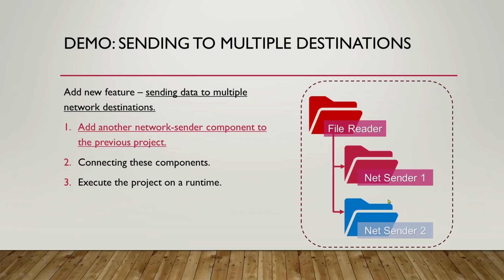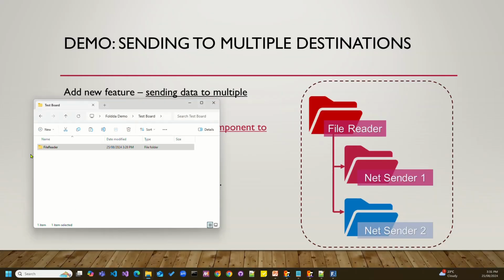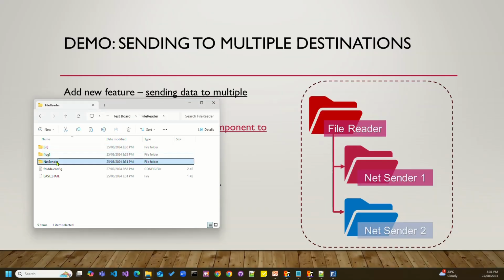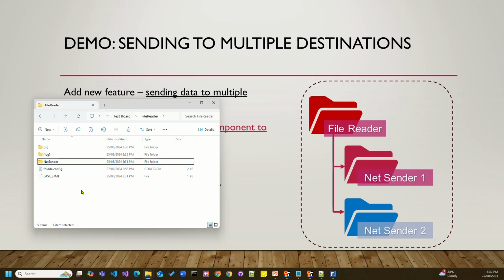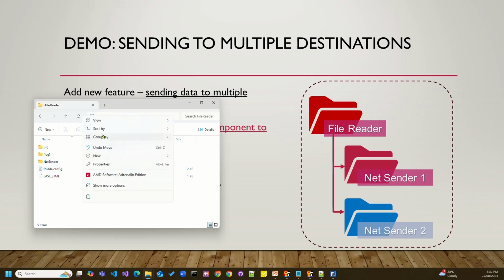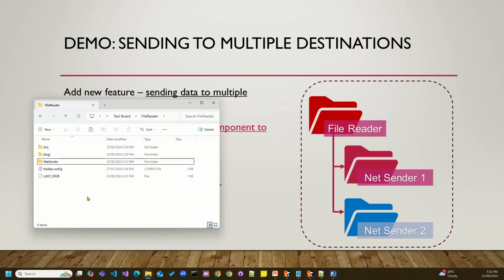So all you need to do is to have another sender module underneath being put into the file reader module. So that's how you do it. That's very simple. All you need to do is to just copy the sender one and make a copy. Right, that's simple as that.